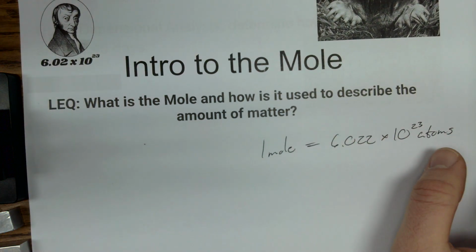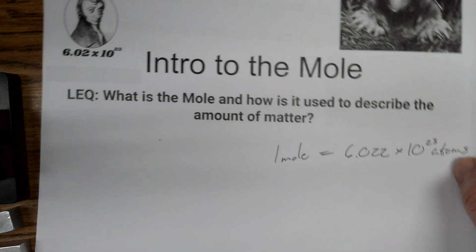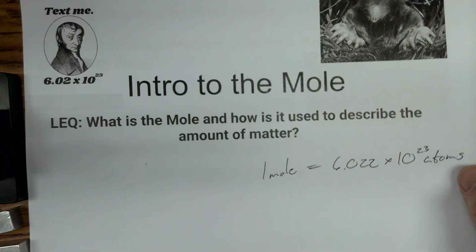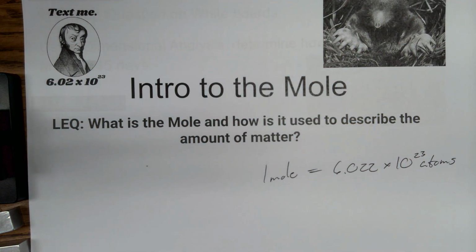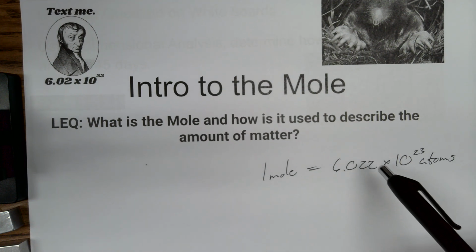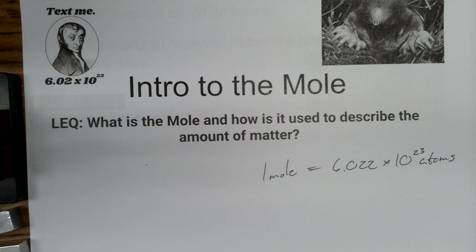But kind of like how a dozen of something always equals 12, a mole of an element or of a compound will always equal 6.022 times 10 to the 23 atoms.